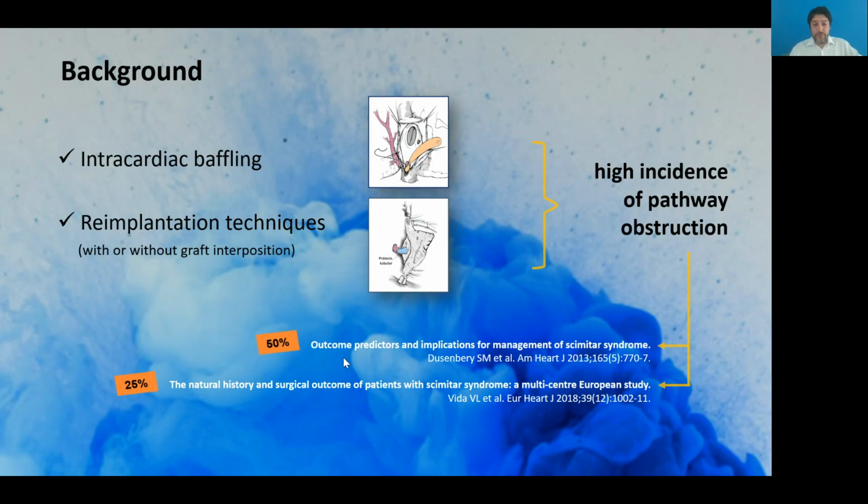So if you put traction on them, especially if you interpose a graft with all the complications related to thrombosis. These techniques have shown a high incidence of pathway obstruction, up to 50% as reported in the first case, which is the largest single center study, and in a European multi-center study going up to 25%. It's important to highlight that there is no significant difference between the two approaches.